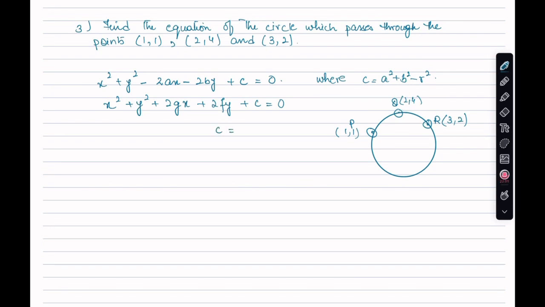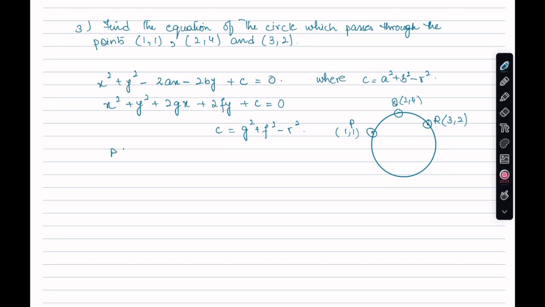In this case, I would say that c is equal to g square plus f square minus the radius square. So I have been given 3 points on the circle and I have 3 unknown constants g, f and c, which we can find very easily by substituting the given points.